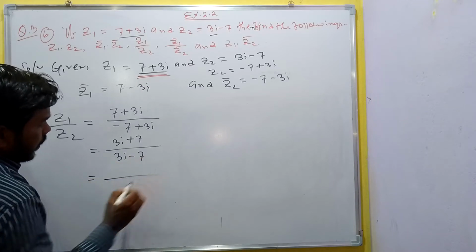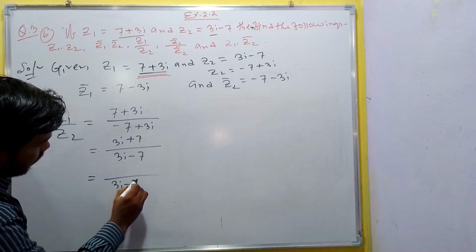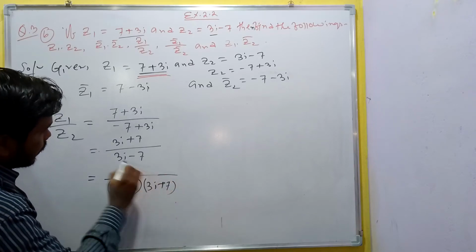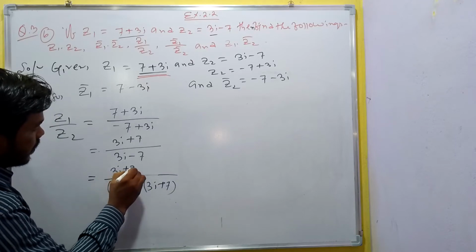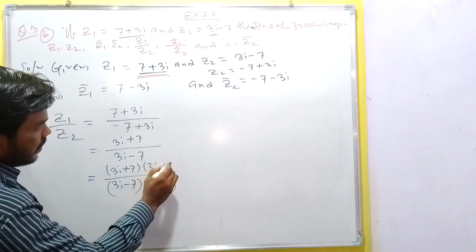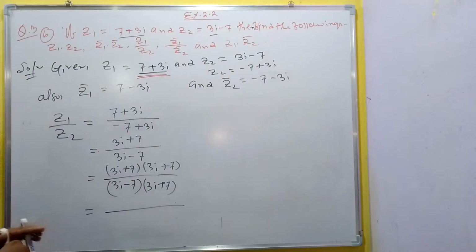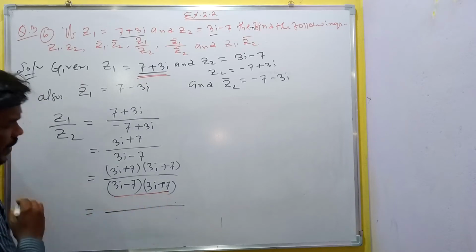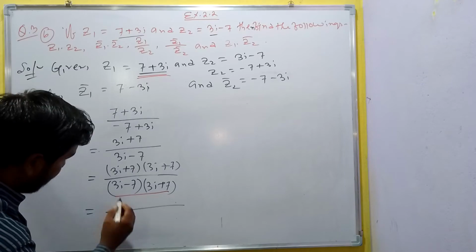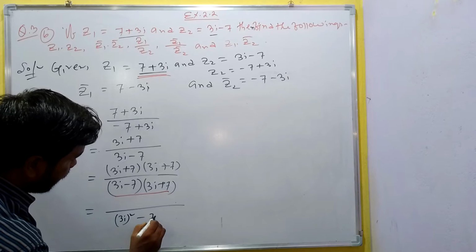Now you do rationalisation, that means multiply by 3i plus 7 on top and bottom. Now you can see the denominator: a minus b into a plus b, so we can write a square minus b square, so 3i whole square minus 7 square.